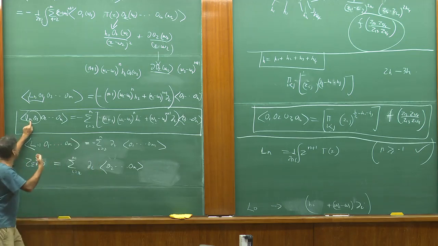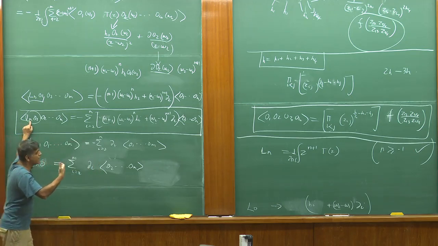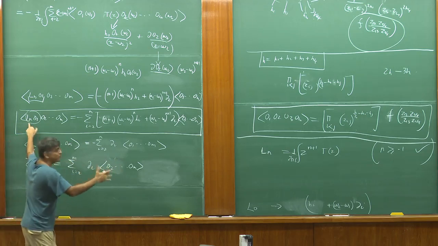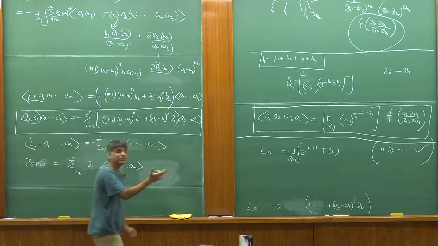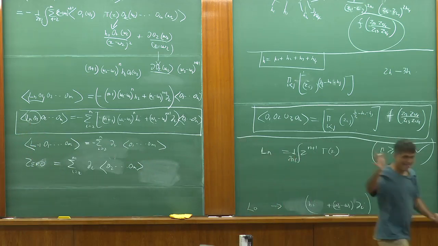If these L's were negative, that will always work, because all we want is that it annihilate the bra. So L less than or equal to 1. This is actually true only for Ln with n less than or equal to 1, because I needed to take it around the bra. Yeah, okay, thank you.